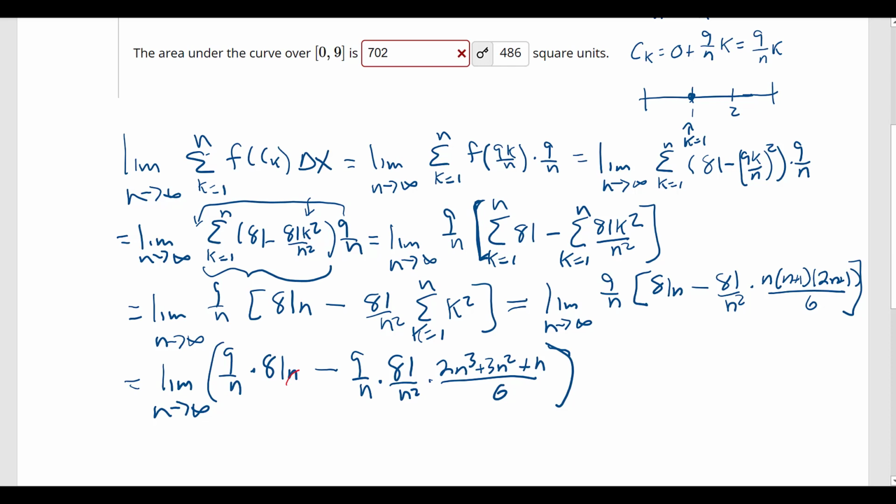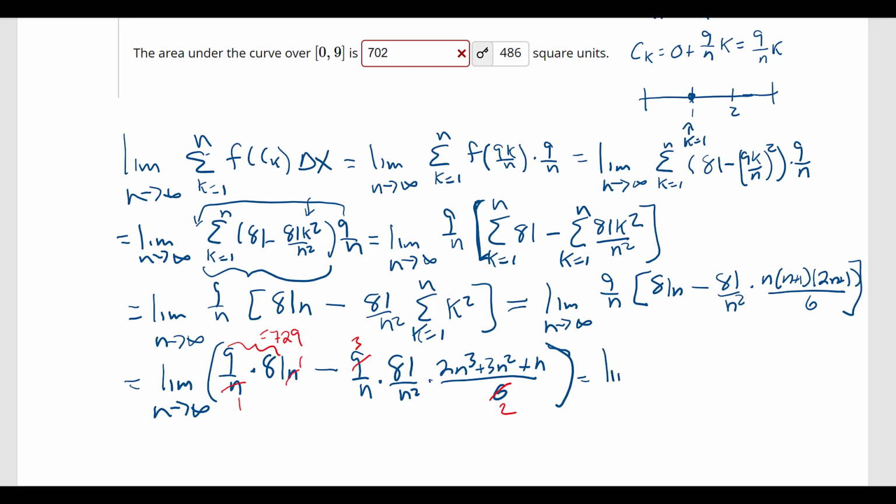Right here, this n can be divided with the n down to the denominator. Then 9 times 81 is going to give us a 729. Okay. And this 9, it doesn't matter which one we go with, the 9 and the 6, we can reduce a 3 out, so that's 3 and 2. So now where are we?